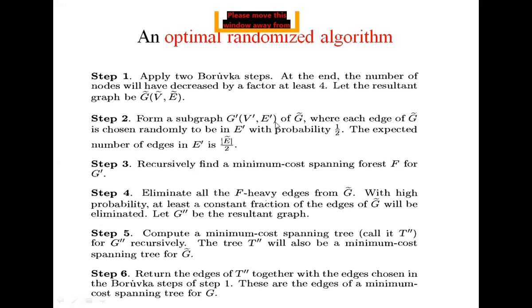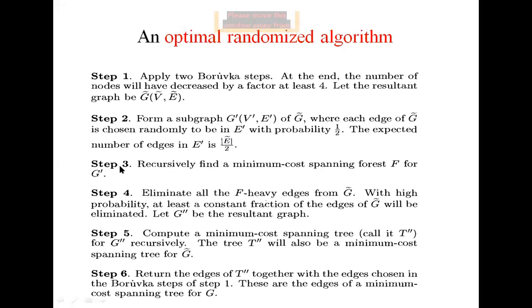Whatever edges are there, those edges are in E' with probability 1/2. That means a 50% chance to get the edge from the original graph G. The expected number of edges in E' is E divided by 2, the number of edges divided by 2.